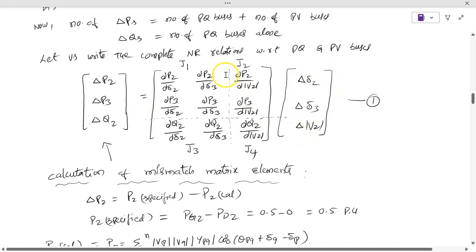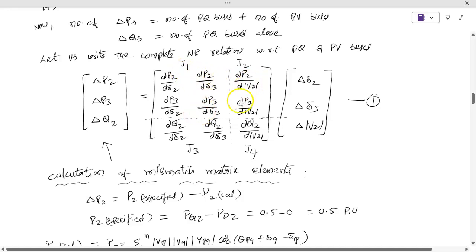Now after writing this complete Jacobian matrix, you need to segregate it into 4 parts. How? All the dou P by dou del terms will be under one sub-Jacobian matrix, that is J1.